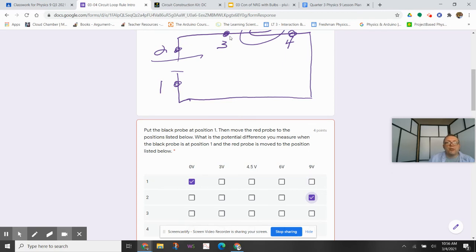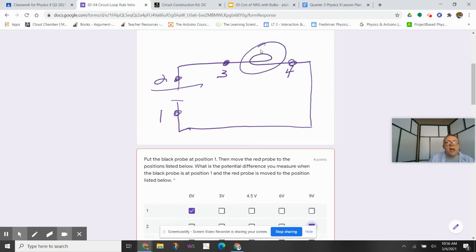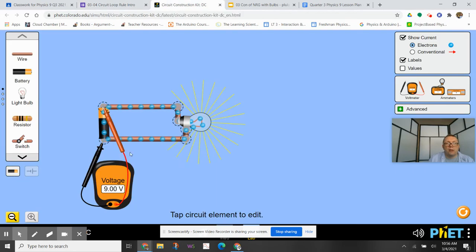Now I'm going to go to position 3, which is just before the bulb. And if we stop and think, do wires use electrical energy? You can stop and think about that. You don't need to answer or say anything out loud. Our answer will tell us something special.